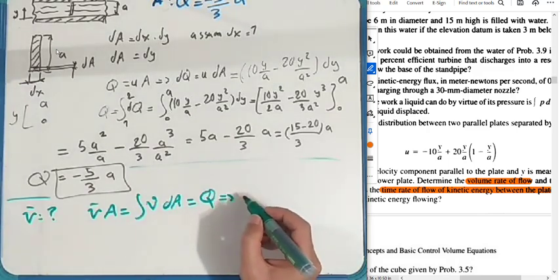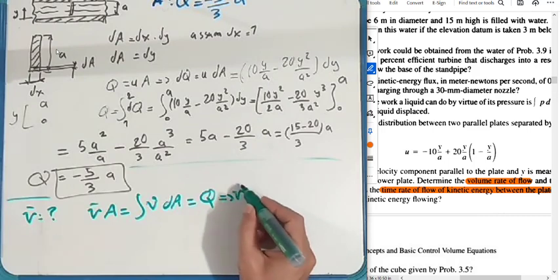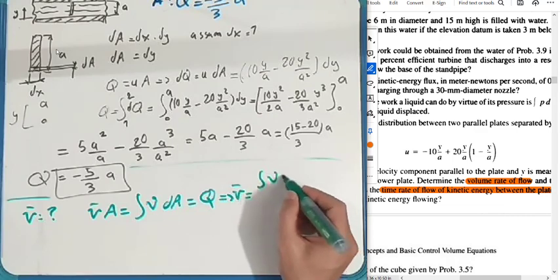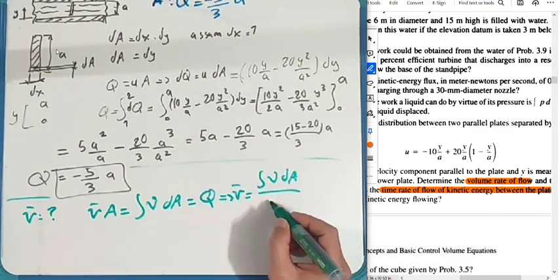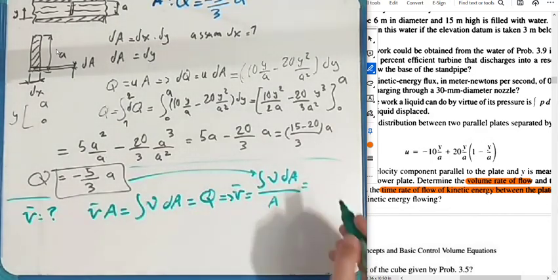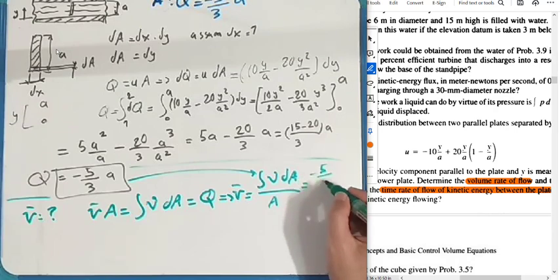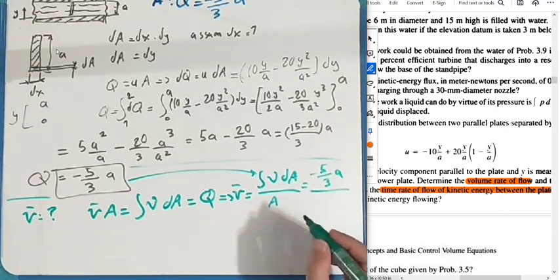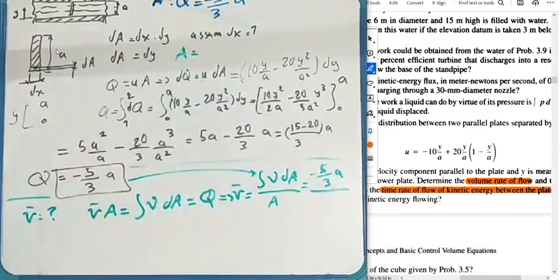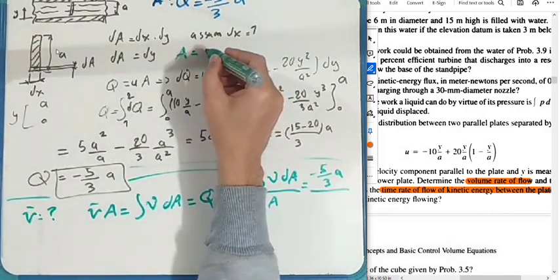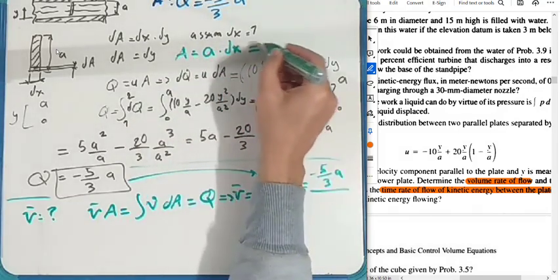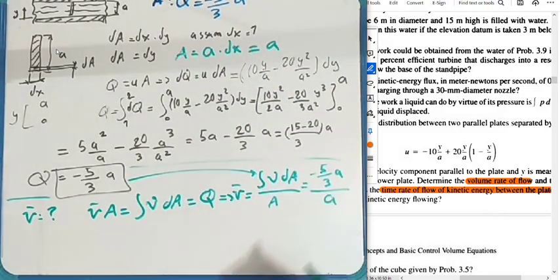Then I can write it in this form: v bar equals the integral of v dA divided by A. And I found it here before. It is minus 5/3 a divided by A, and I know my A is a dx, which would be a. Okay, divided by a.